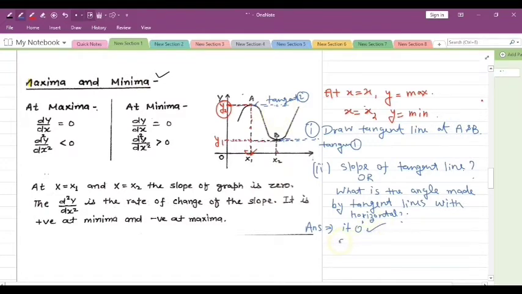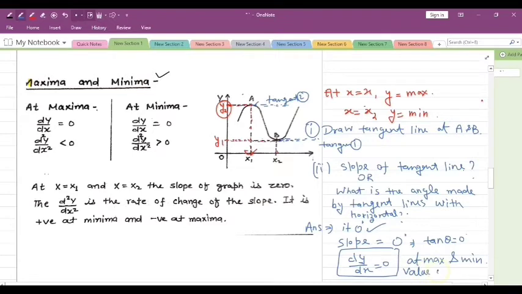So we can say that our slope is 0, or tan theta is 0, or you can also say that dy over dx equals 0 at the maximum and minimum value of y.